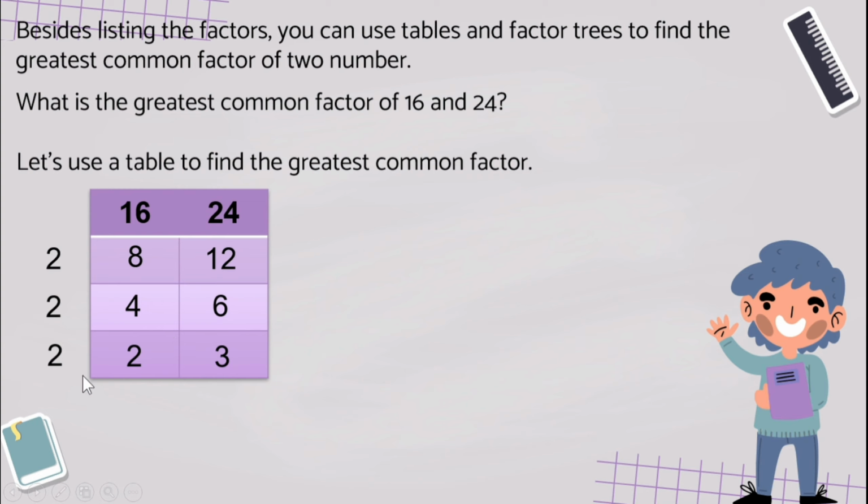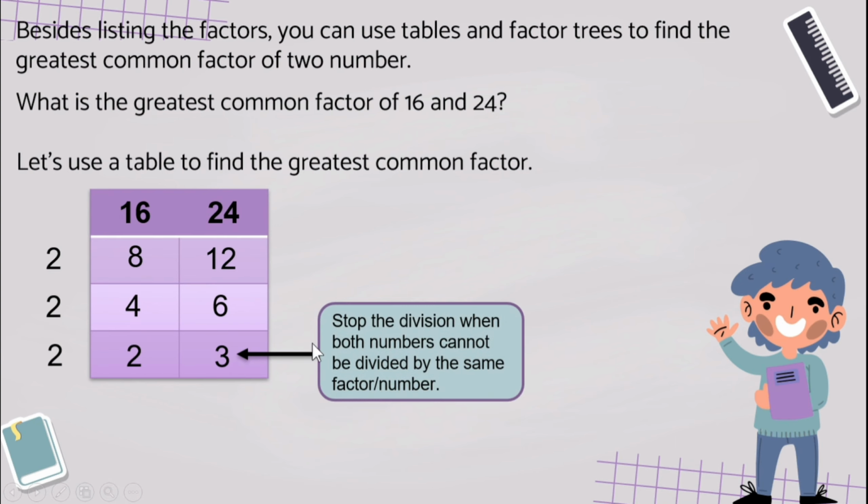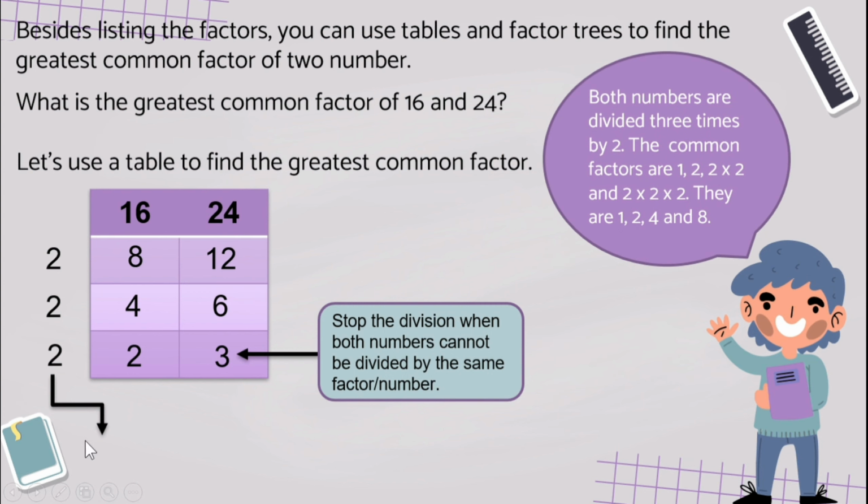Because 2 and 3 don't have a same number that can divide both of them, we can stop the division or table operation, when you are done finding any number that can divide both of them. And we have the numbers outside of the table as the product for the GCF. 2 times 2 times 2 is equal to 8.